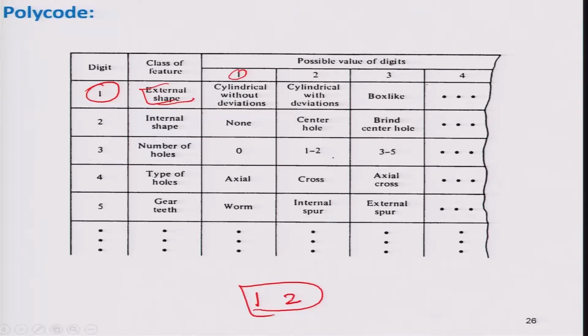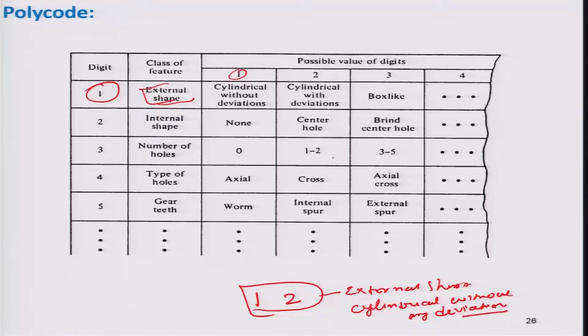It means this part has an external shape that is cylindrical in shape and without any deviation. Okay, so external shape can be either cylindrical or prismatic, so that's why 1 and 2 are independent.